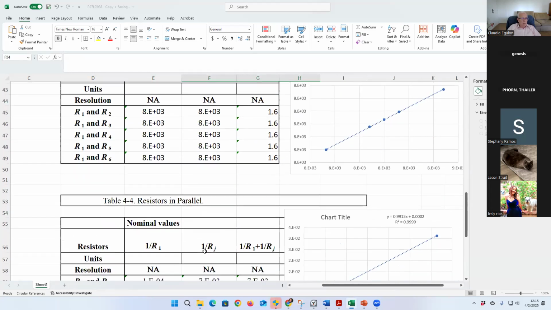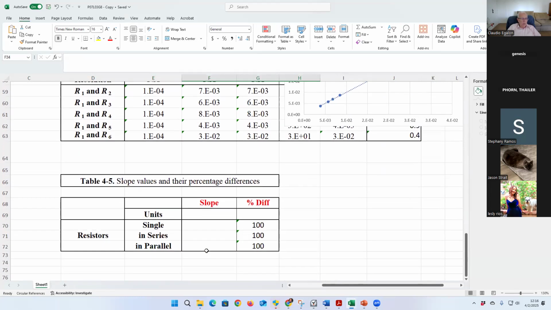And then we have the percentage difference. But log only the slope, you don't have to log the intercept.